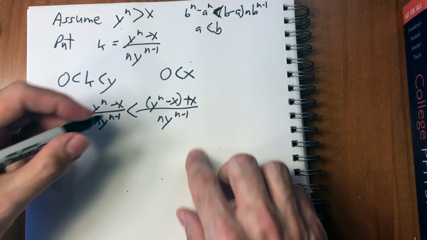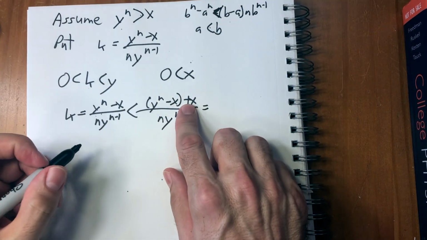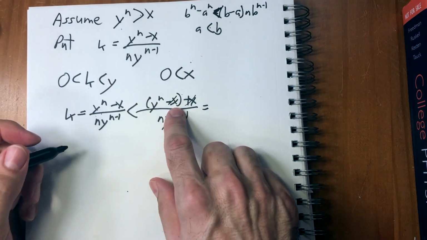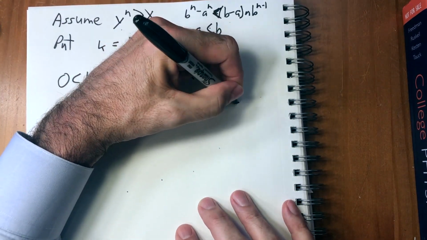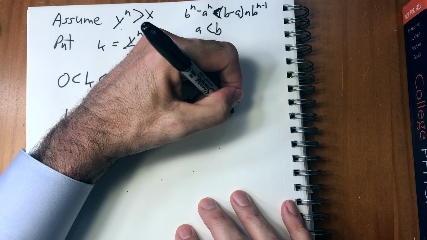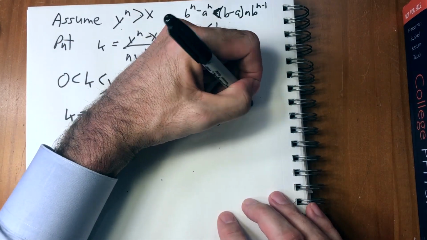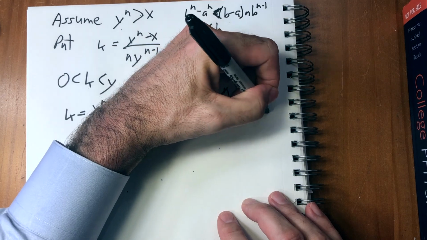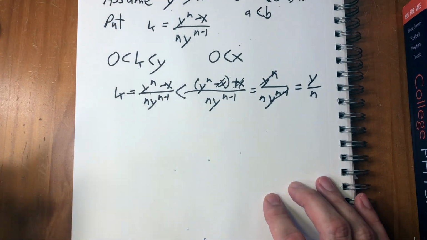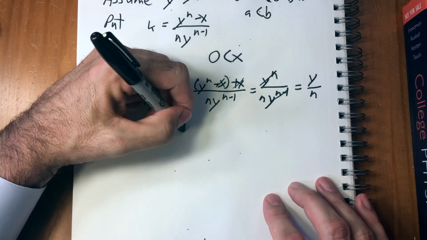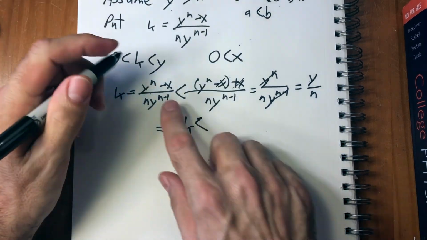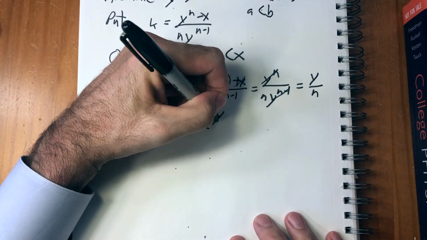And then we can just cancel the two x's. So we have y to the n over n y to the n minus 1. That means we can clear everything here except 1, and we have y over n. So k is less than y over n.